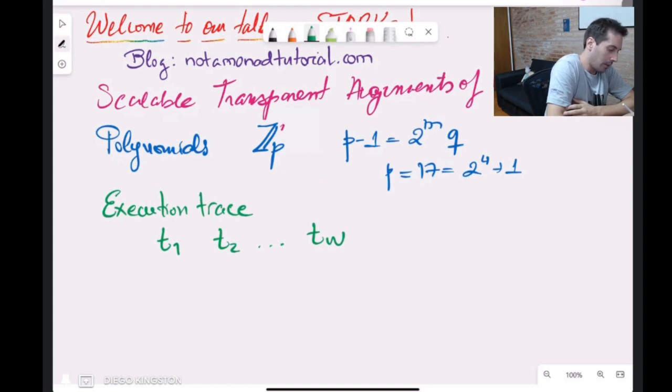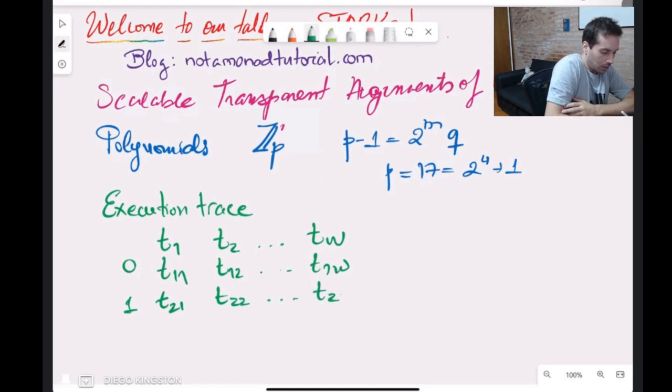And, well, we have different time steps. For time step 0, we have T11, T12, ..., T1W, and for time 1, T21, T22, and so on. And so we have a table of this sort.